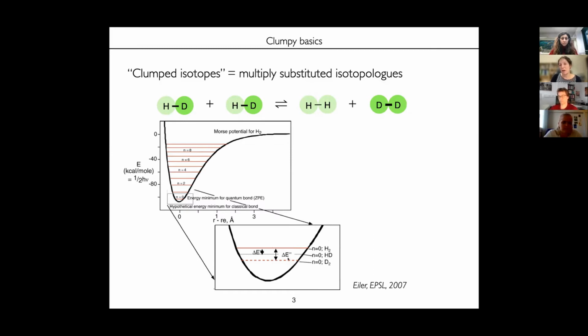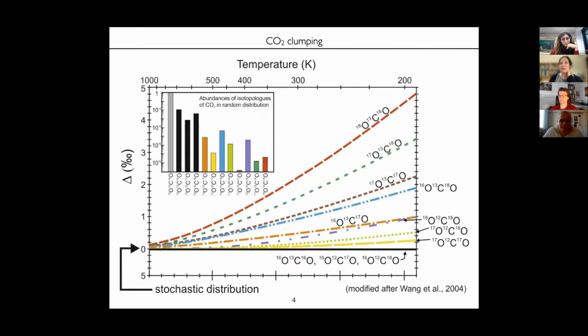Because of that, this bond is more stable, or more difficult to break. And this characteristic comes especially into play the colder the temperature gets. So if we move now to a molecule that's a bit closer to our heart, the CO2 molecule, you can actually model the temperature dependence of the abundance of these multiply substituted isotopologues, which is what you see in this plot.